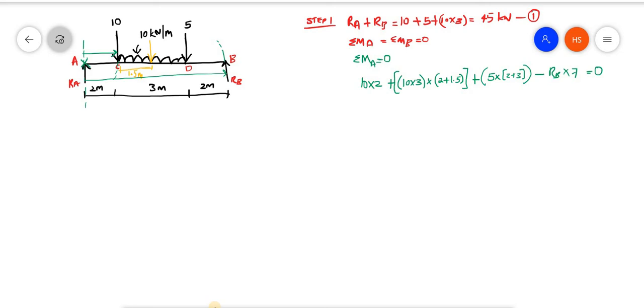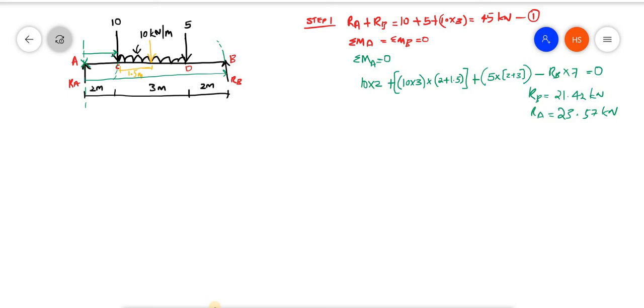That is 150 in total. 150 divided by 7 is 21.42. So RB will be 21.42 kilonewton and RA will be 45 minus that, which is 23.57 kilonewton. So we have found out the forces.